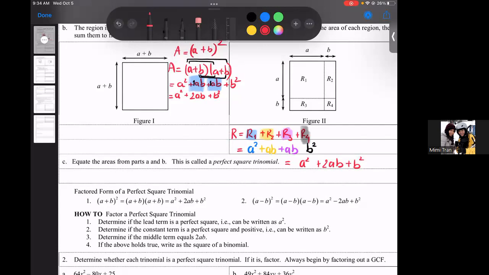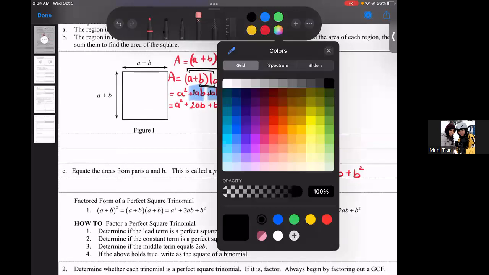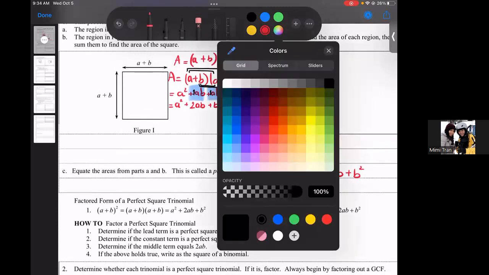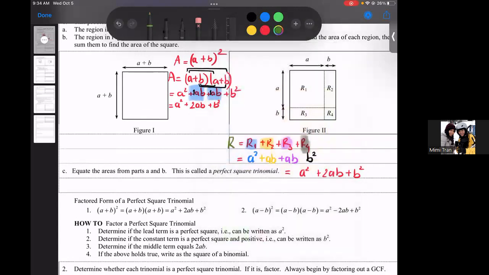Now, what is the area of the big R? I'll write it in green. What's the length of the big R first?